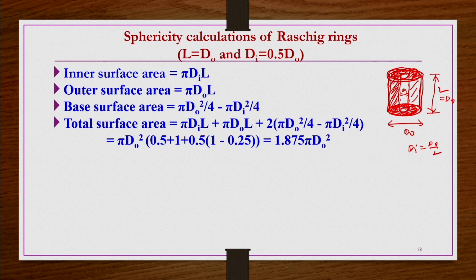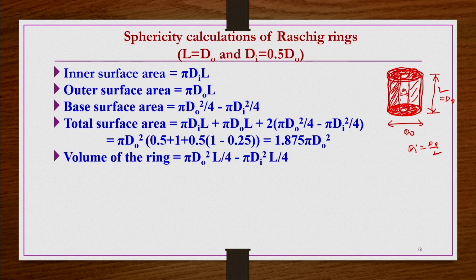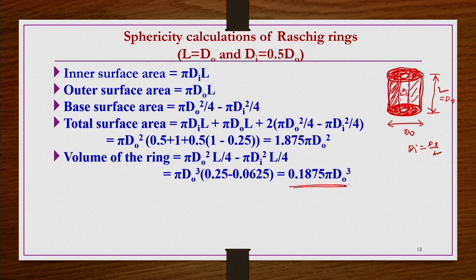Similarly, the volume of the particle, this Raschig ring, is the volume of the outer cylinder minus the volume of the inner cylinder, that is pi d naught square L by 4 minus pi di square L by 4. With L equals d naught and di equals d naught by 2, you get 0.1875 pi d naught cube.